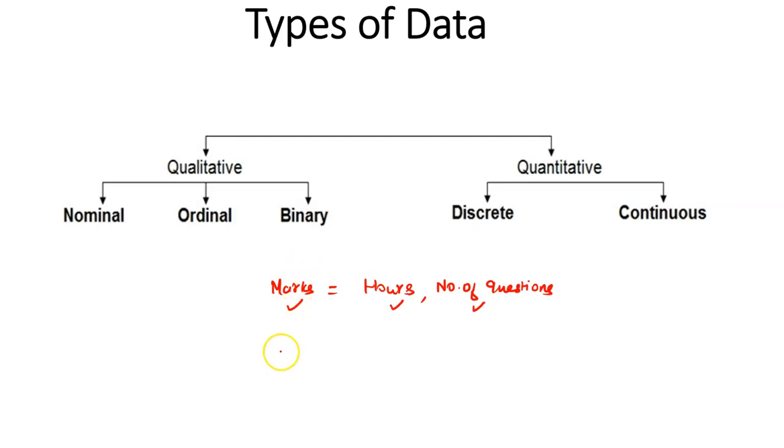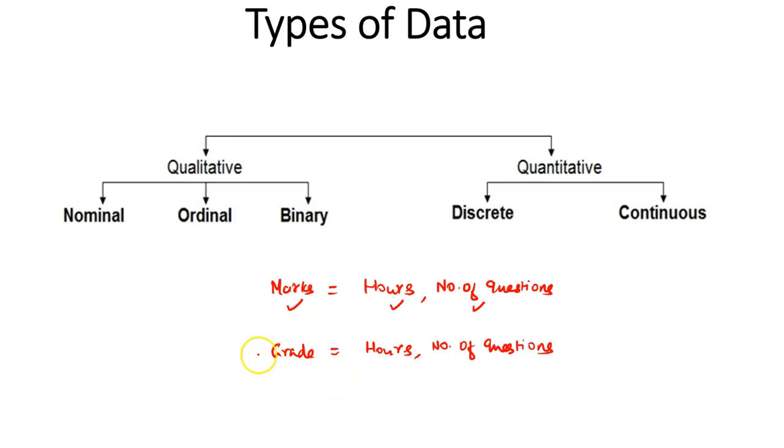Then we looked at another scenario. We used the same set of independent variables and changed the output, or the dependent variable. That is, we try to find the grade obtained by a student based on the number of hours studied and the number of questions.